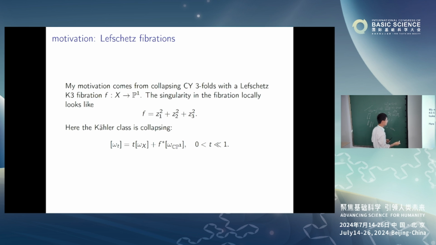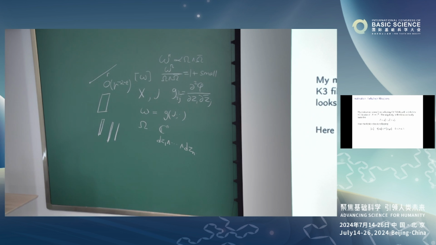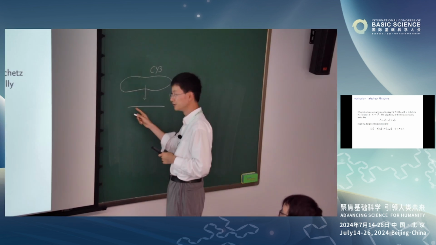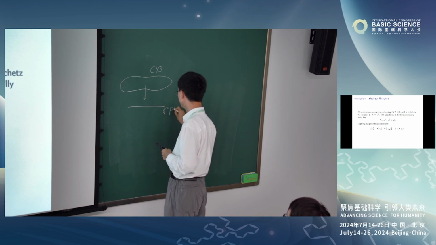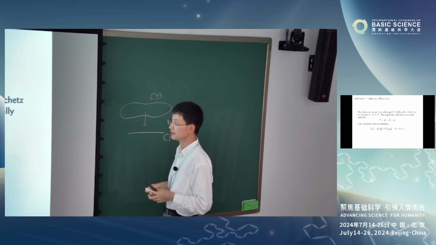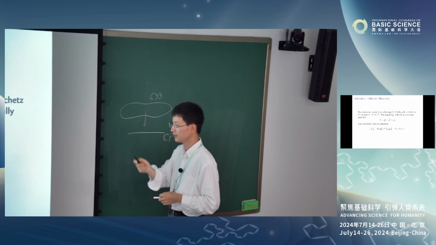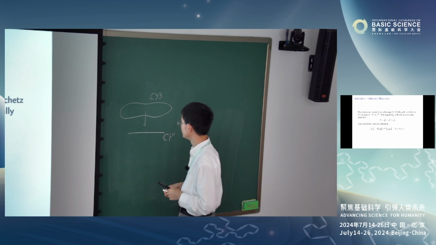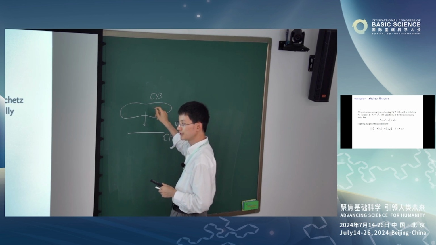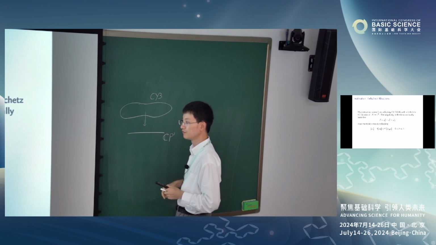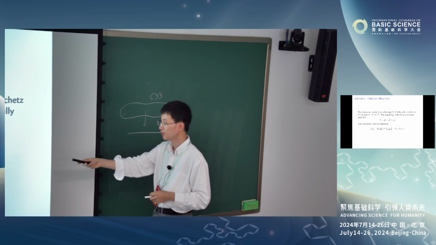So this means you have a Calabi-Yau threefold that's complex three-dimensional. Holomorphic fibration is basically a generic submersion to CP1. And being Lefschetz means that the only singularities in the fibration are modeled on a quadratic equation. What one is trying to study is a family of Kähler classes with a small parameter t.